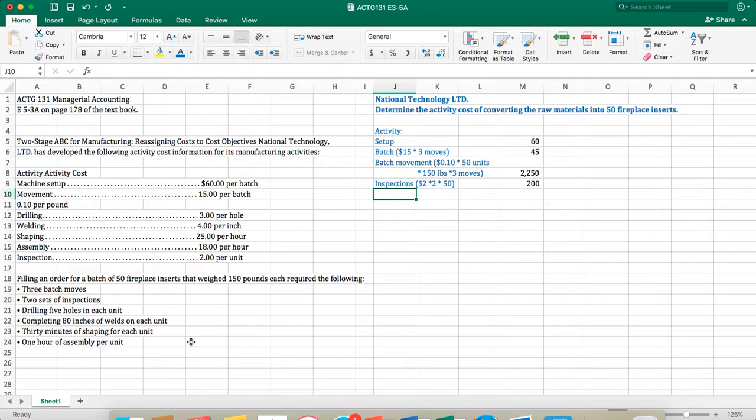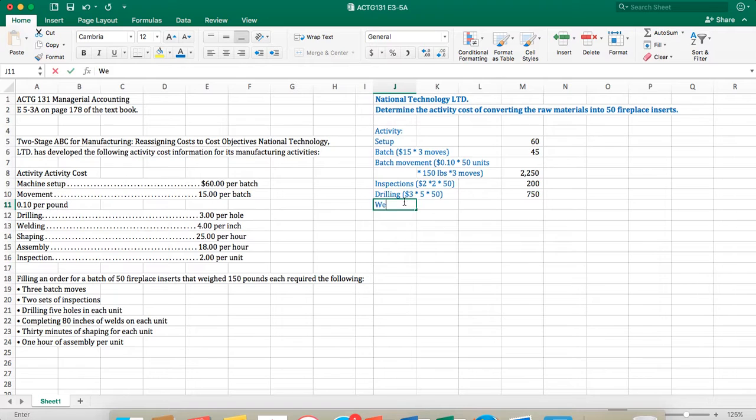Now let's move to our drilling. So each unit requires 5 holes. Drilling, and we have each one of those costs $3. Multiply that by the 5 holes, and then multiply that by the 50 units. $750.